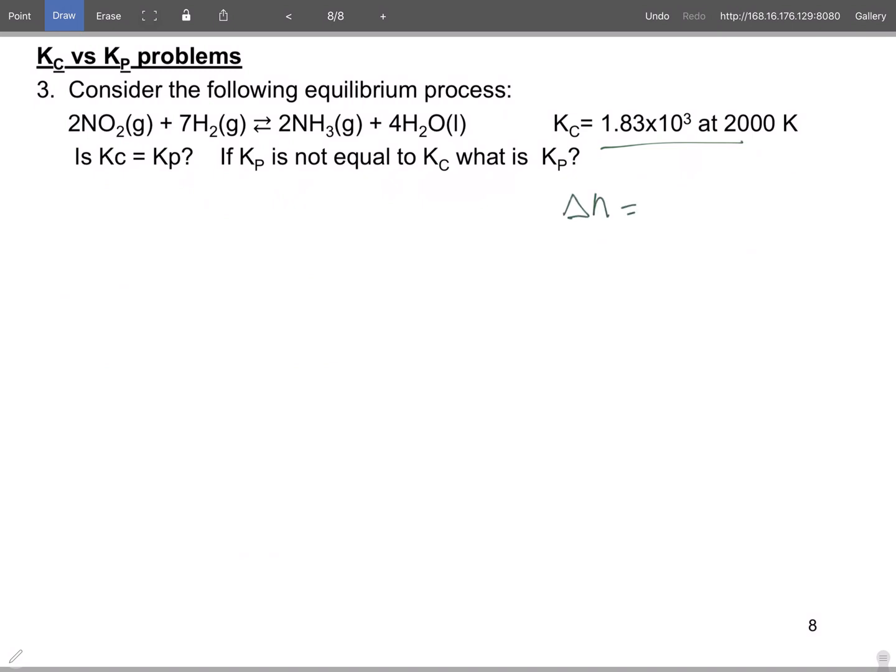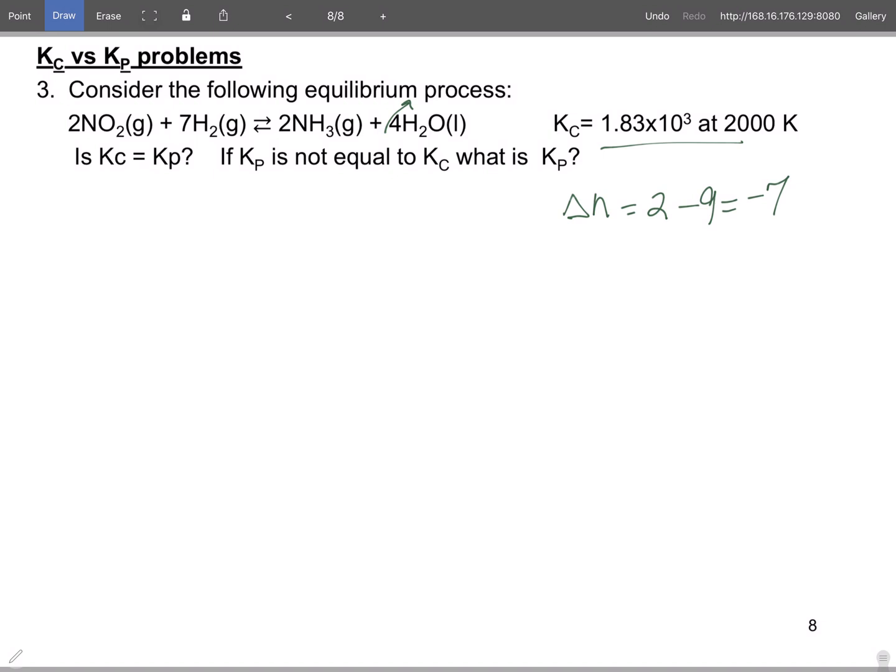Delta N on the product side is 2 because the liquid is not going to count. On the reactant side, it's 9. So it's negative 7. If delta N is equal to 0, then Kc equals Kp. But if it's not equal to 0, no.